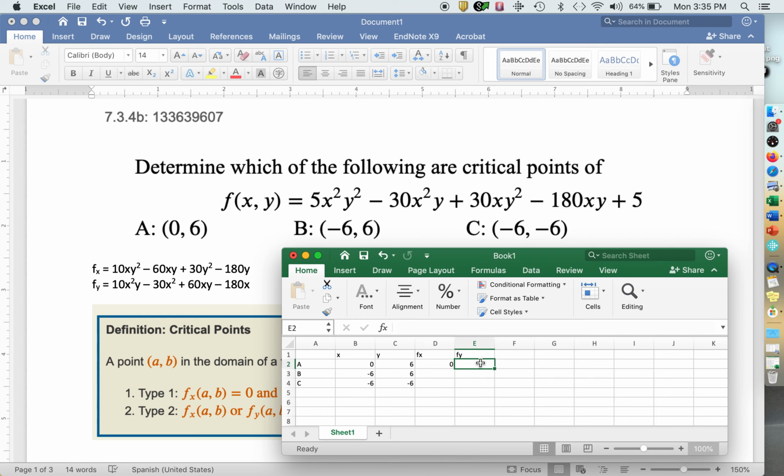All right, so far we've got f sub x of that one is 0. Let's check f sub y for that one. Equals. Okay, now I type in my function for f sub y.